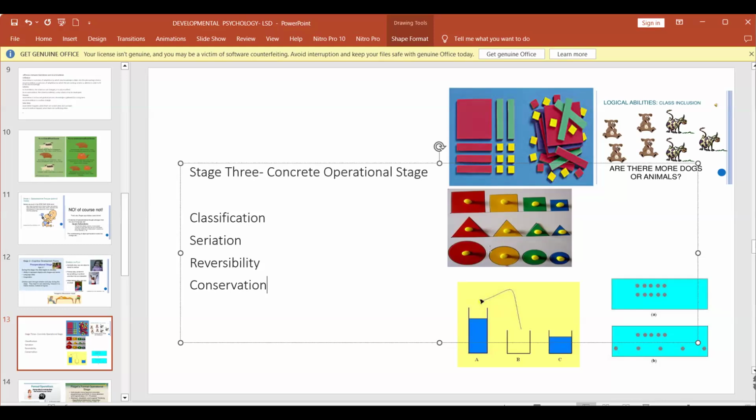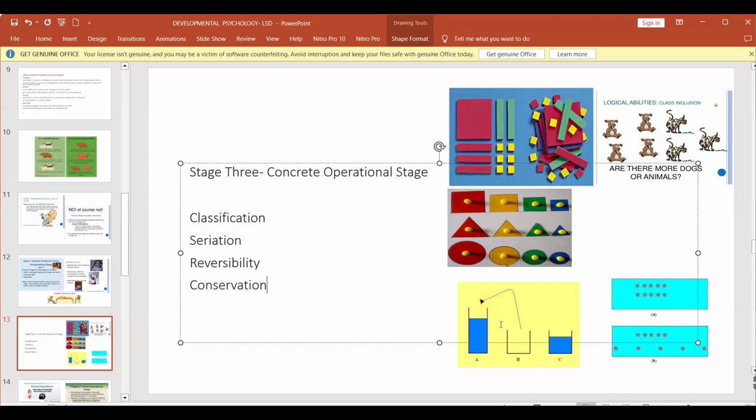Then conservation. Conservation is the ability to understand volume and space, etc. Now, I will give an example for conservation.